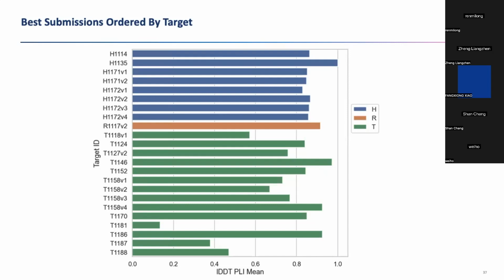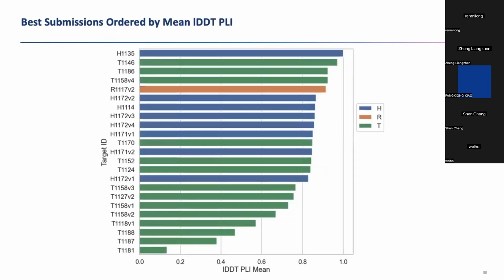For the RNA, there were good submissions there. If you flip that, this is the same chart, and I just sorted it by the LDDT-PLI mean over all of the structures. My rough assessment is that there were about a third of these that were really great, a third that were pretty good, and a third not so good.